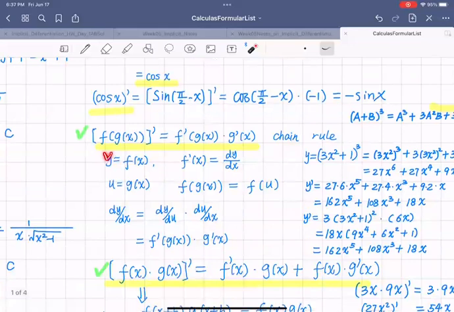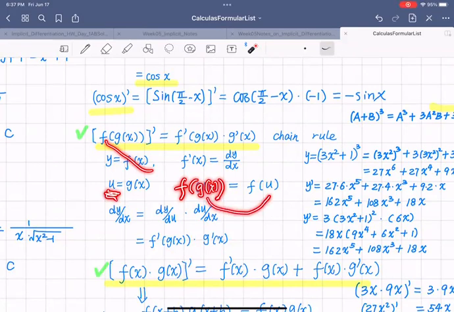You can say y equals f of u, and u is g of x. Next, you put f as the outer layer and g as the inner layer. So u is g of x, and you copy down u over here.